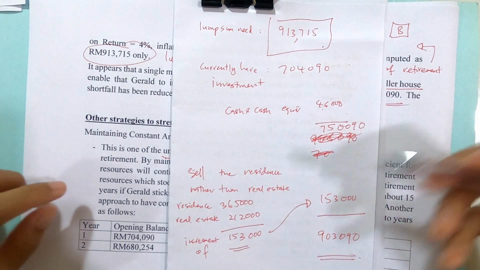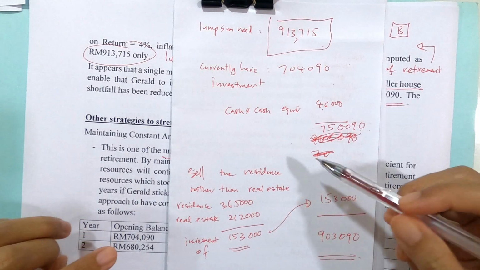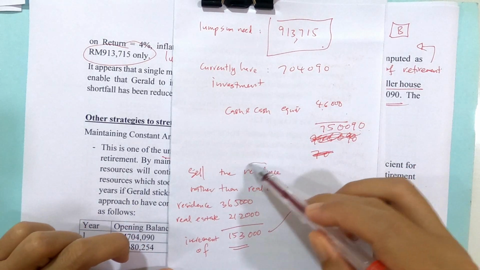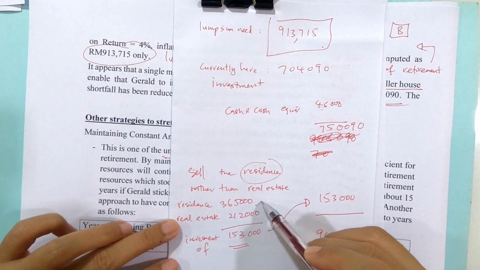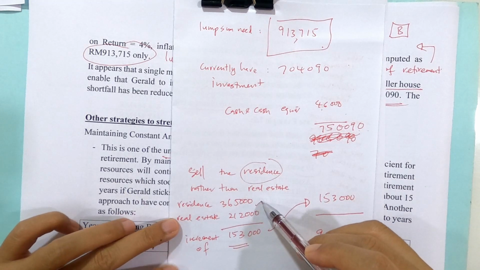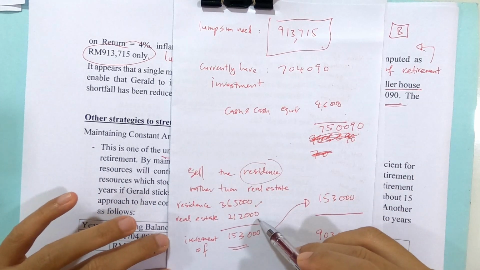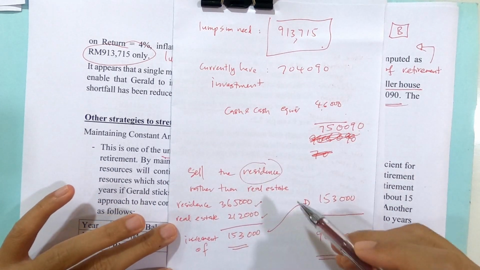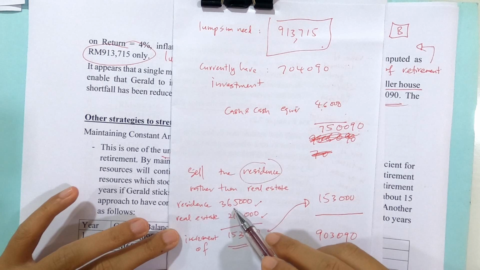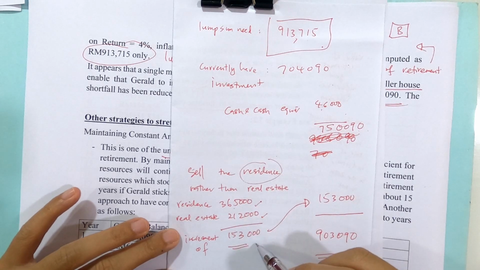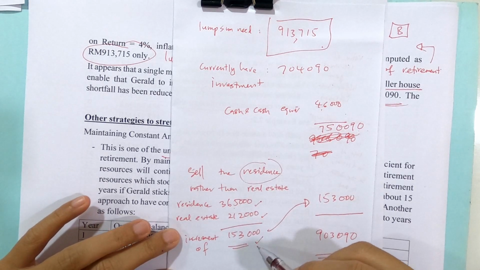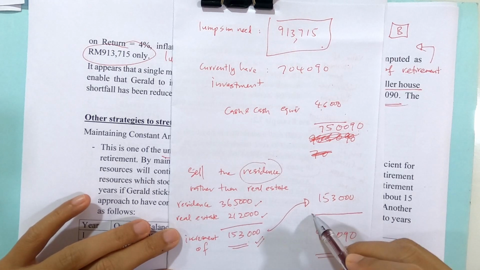So let's say the client tries to sell the residence with the value of 365,000, despite selling the real estate of 202,000. If the client sells the residence, there will be an increment of the fund of 153,000.